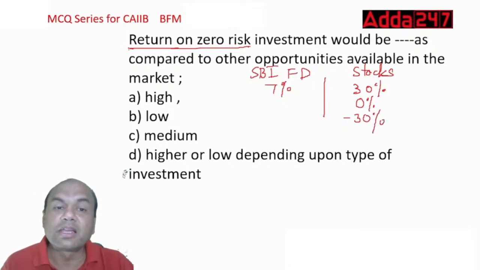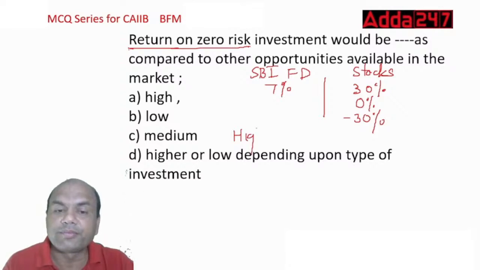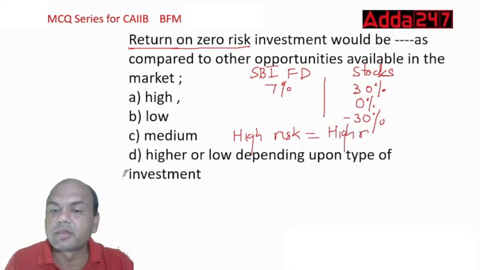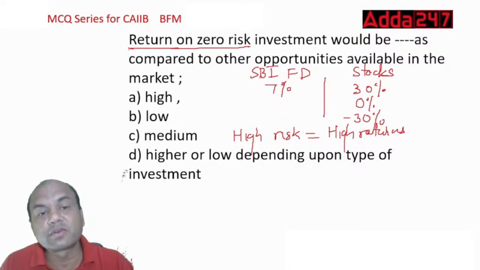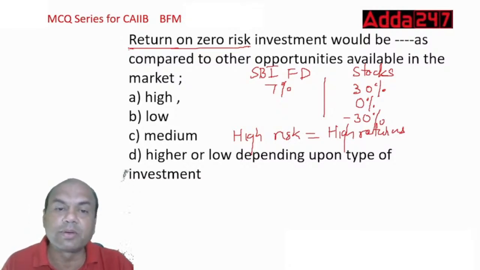But returns are also the same way. Higher the risk, higher the returns. Always remember, high risk equals high returns. Always remember this logic. So what will be the answer over here? Return on zero risk investment would be dash.